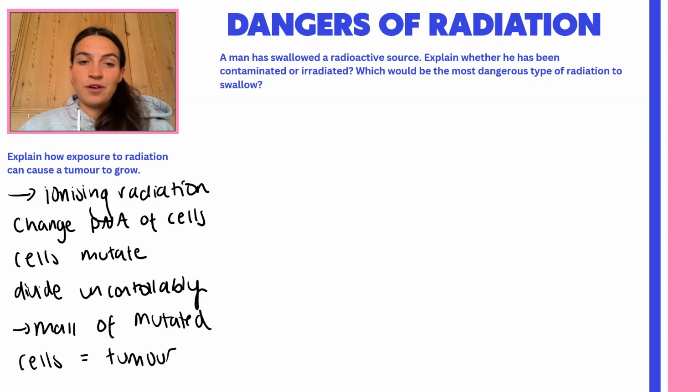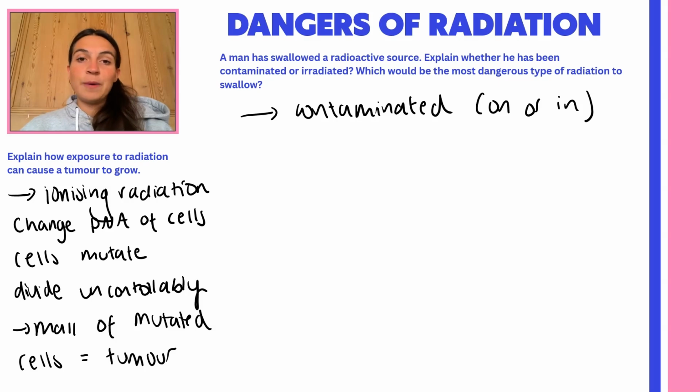Okay, next question. A man has swallowed a radioactive source. Explain whether he has been contaminated or irradiated. Which would be the most dangerous type of radiation to swallow? Firstly, he has been contaminated, because if you have ingested it, then the source is inside you. If it's inside or on your body, he could have touched the source as well, then we say that he has been contaminated.